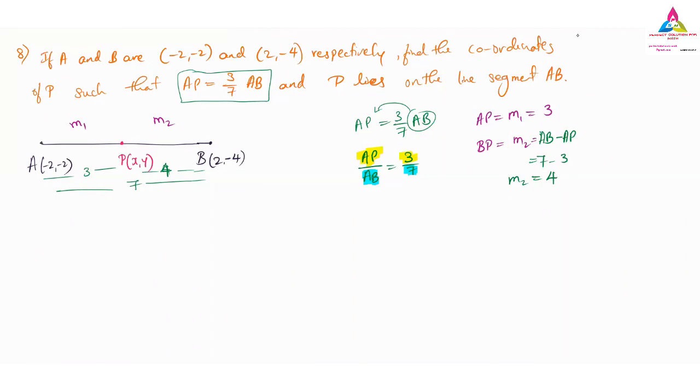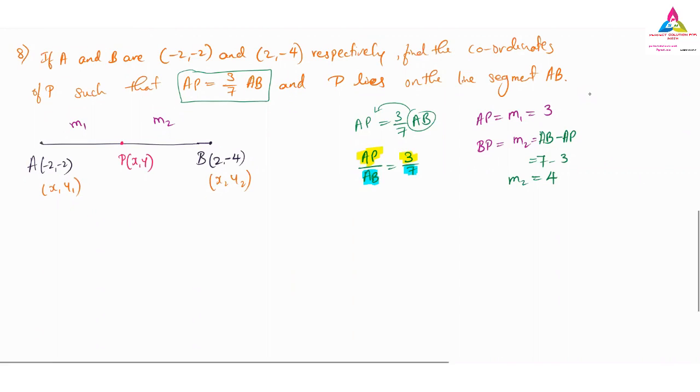Now it is nothing difficult, everything is in front of you. You know the X1, Y1 value and X2, Y2 value, so it is easier for you to go directly for the section formula. Don't talk in between, otherwise there will be disturbance. This is X1 and Y1, and here it will be X2 and Y2.